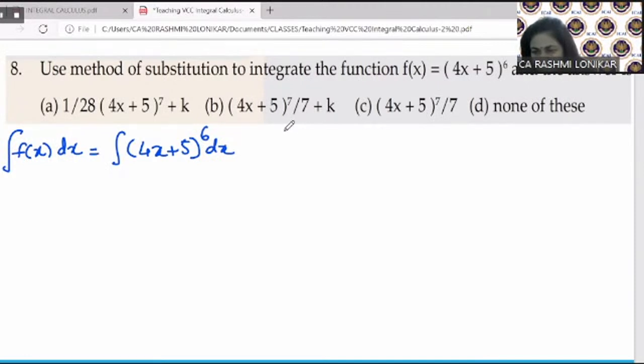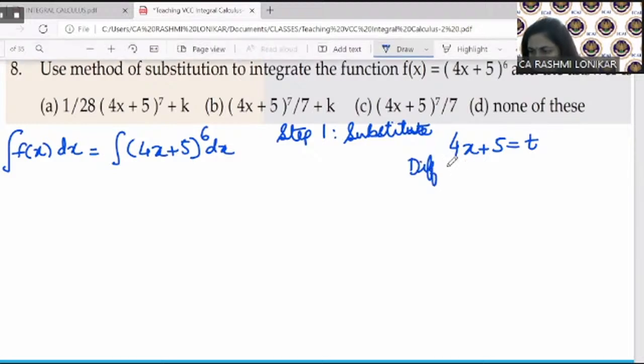Now what will be the step? Step 1, substitute. What do I substitute? Substitute 4x plus 5 is equal to t.